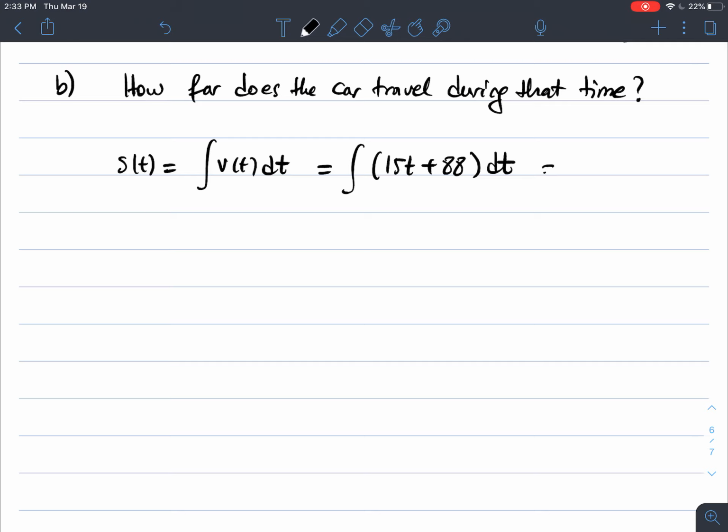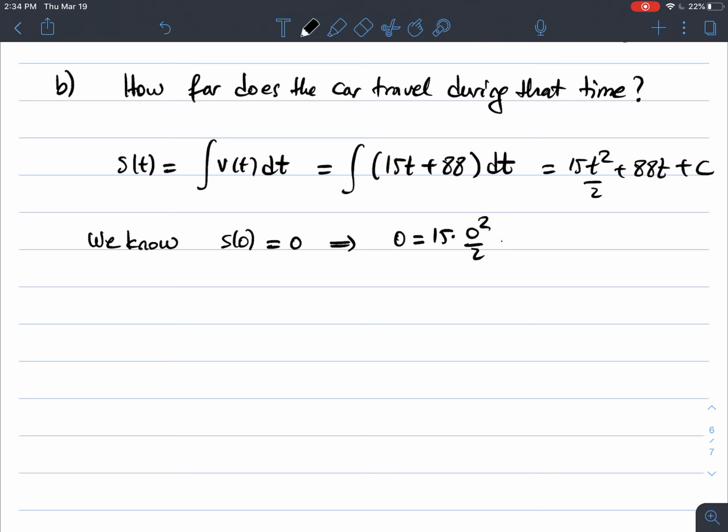Okay, so let's first find the integral. So this should be negative 15t squared over 2 plus 88t plus c. And we also know that s0, which is the initial position, is 0. So 0 is equal to negative 15 times 0 squared over 2 plus 88 times 0 plus c.